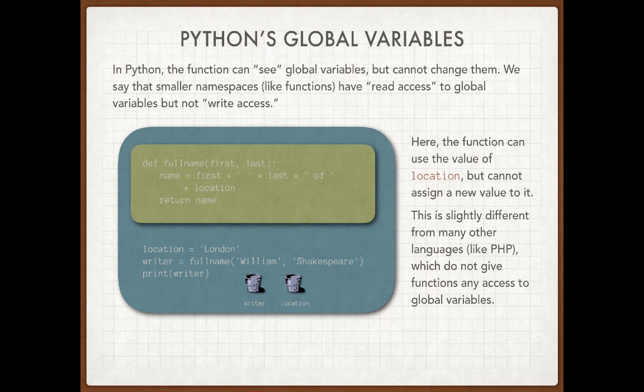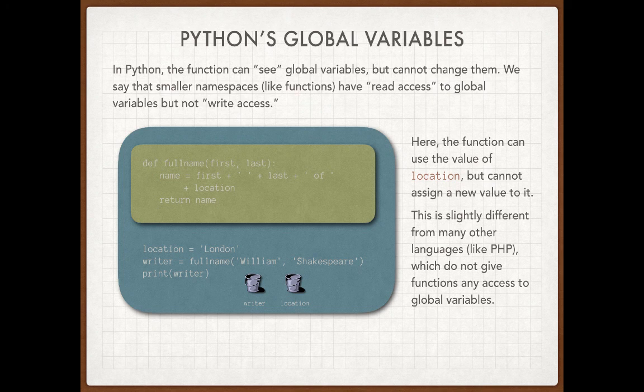However, the light green function can see variables in the global scope. So the light green function here can in fact see a variable called location. It can use the variable called location. However, it cannot change the value of the variable called location.